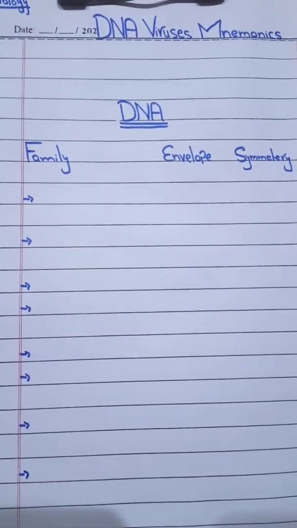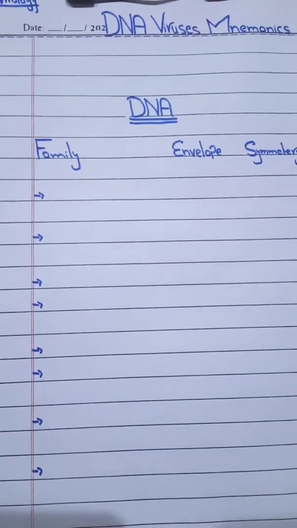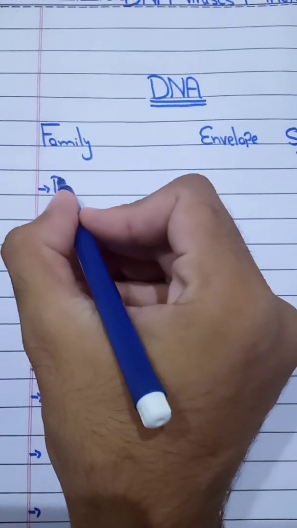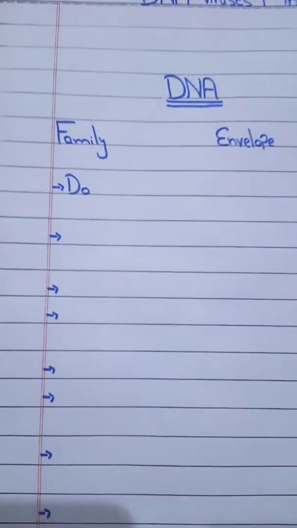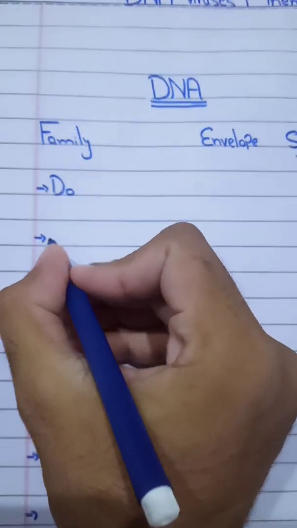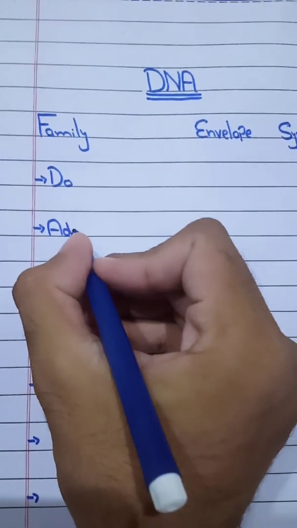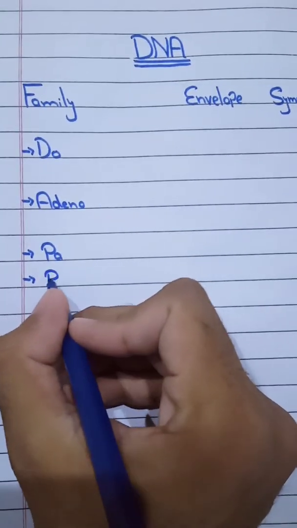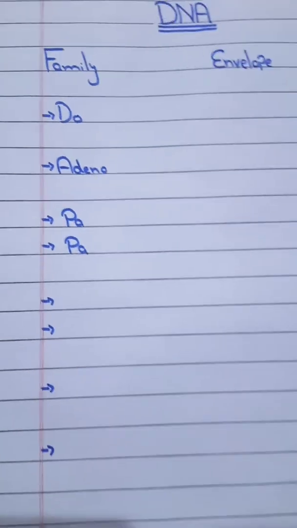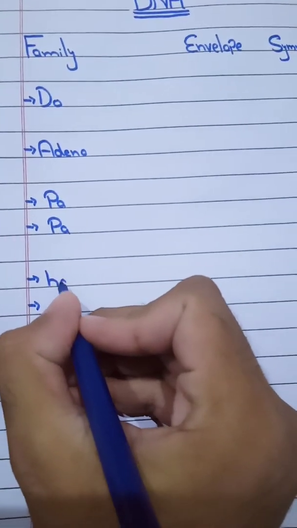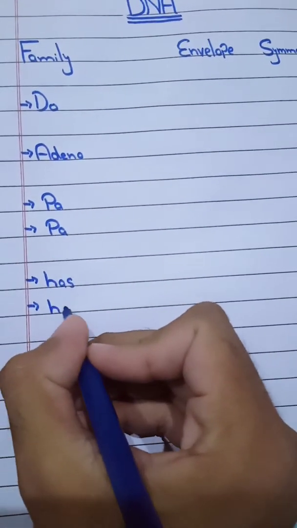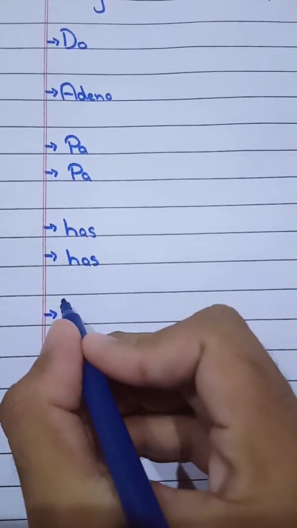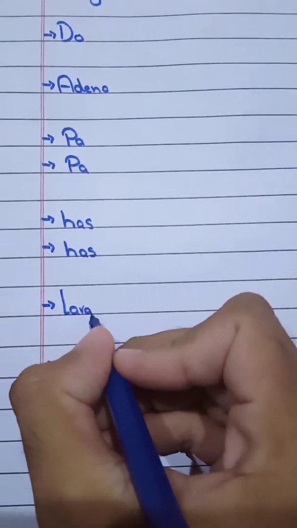So our imaging mnemonic for the DNA viruses, the first one is: Do adeno papa has largest chicken.